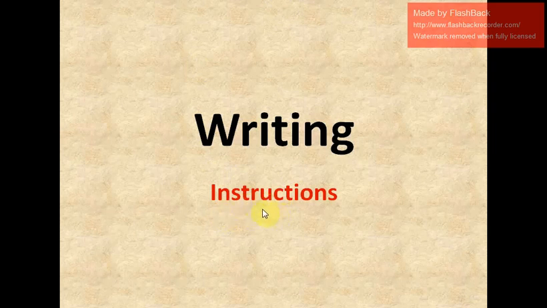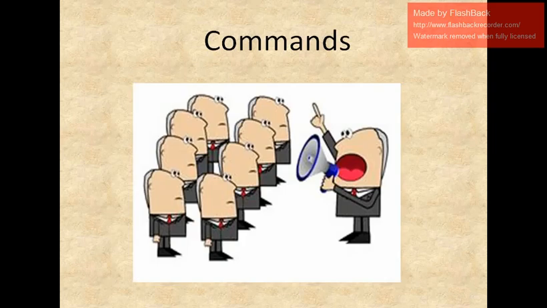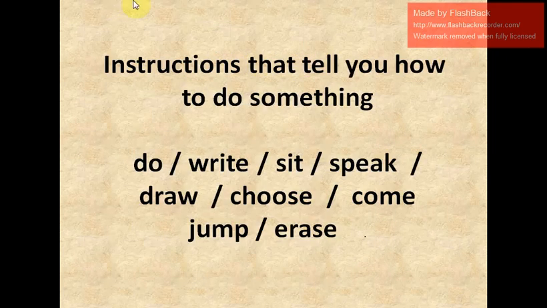Instructions is like, when you tell someone to do something or how to do something. Telling someone else how to do something, like this man here. This man obviously is telling these men to do something or how to do something. It's like a command. You remember the commands that we discussed before? Like do something, command, and we used to point with our fingers. This is exactly the same. The instructions tell you how to do something.